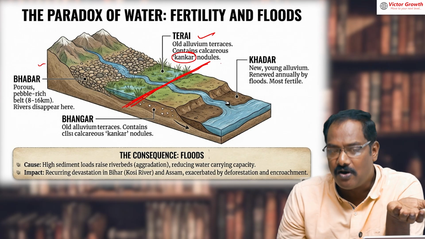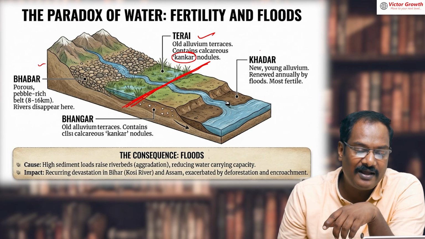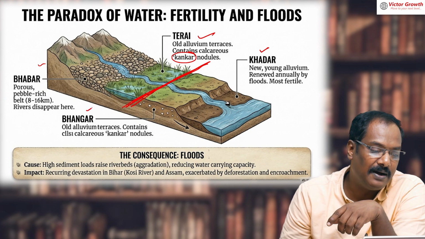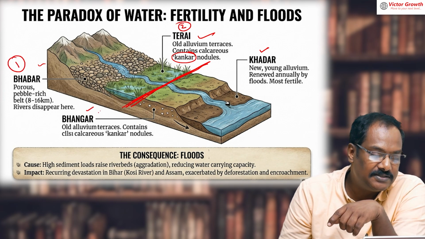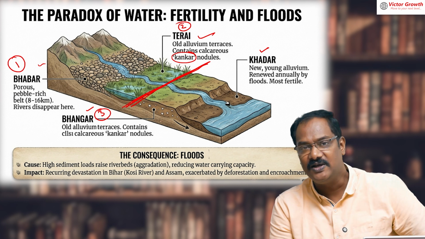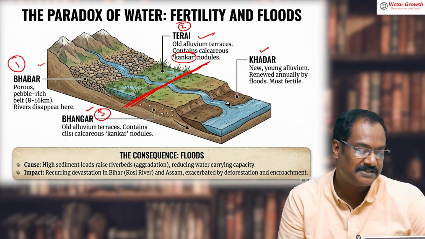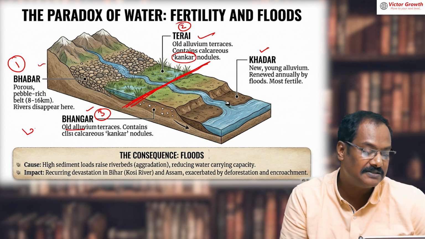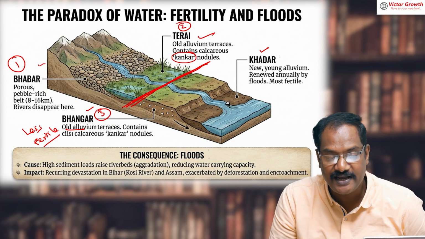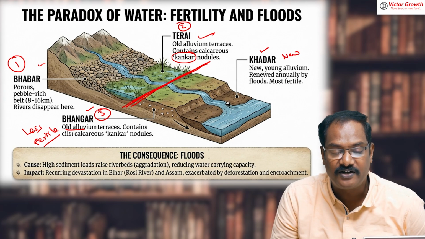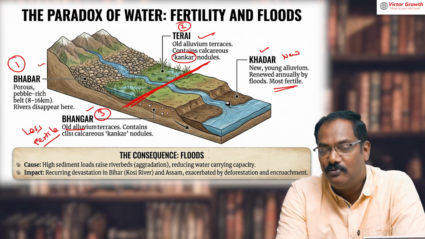When it comes to the northern plains, alluvial soil can be classified into Khadar and Bangar. Bangar is an old alluvium, less fertile. Please write down: old alluvium, less fertile. Khadar is young and new alluvium, more fertile, most fertile.